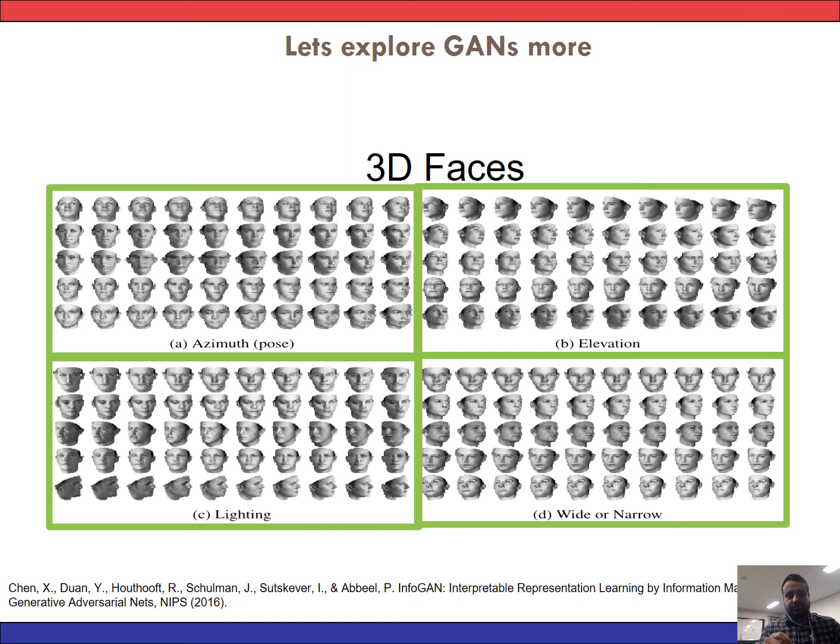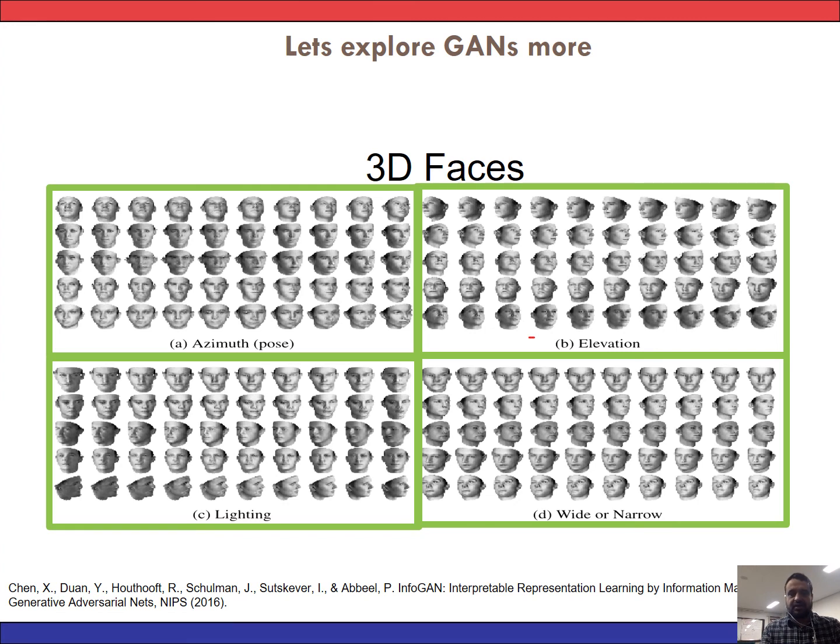How? We fix the rest of the dimensions of the latent space and just change one, and then see what this first dimension corresponds to. Suppose these are face images, and the first dimension in the latent space shows the pose of these faces, and the second dimension corresponds to the elevation as shown here.